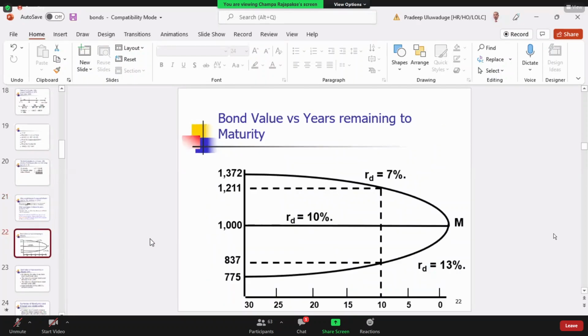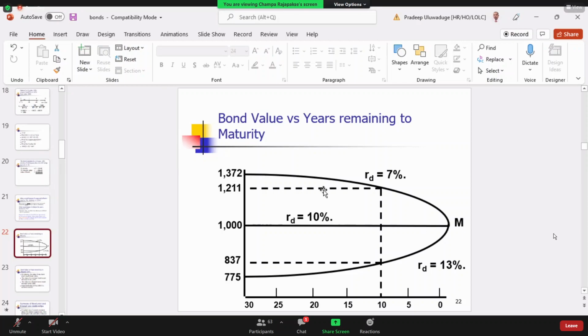So the value of the bond will be higher than the face value, right? When time is passing, this value will gradually near the face value, because at maturity you can get only 1,000 rupees.